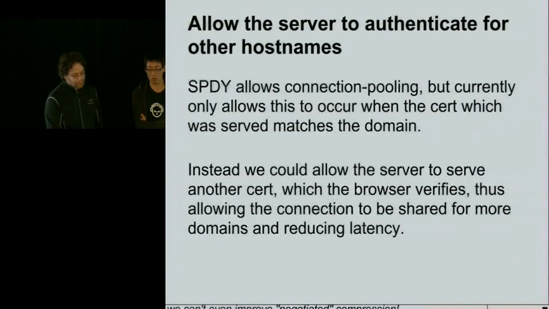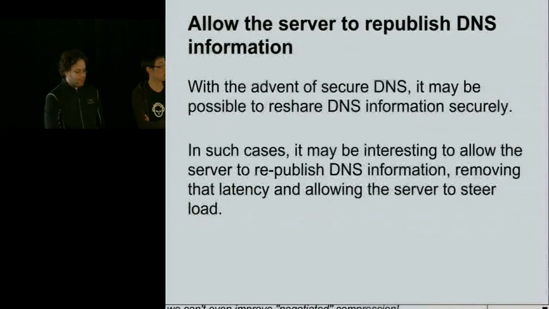Another thing that we would like to research is possibly pushing or republishing DNS data down the same pipe so that you don't have to do additional DNS queries in order to figure out that you should use the same connection or maybe use a different connection. There's another aspect to this which is also interesting: if the server can publish DNS information for its own host name, it can actually steer traffic to a different IP for the same host name.